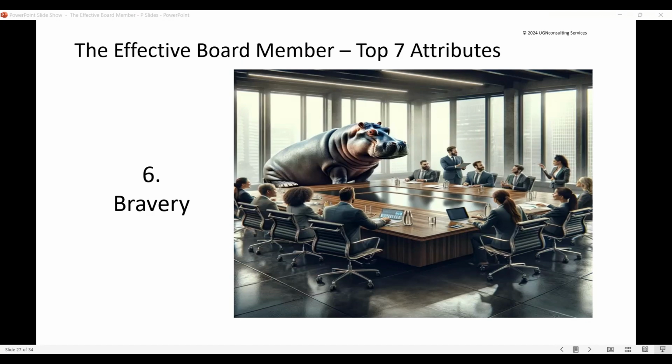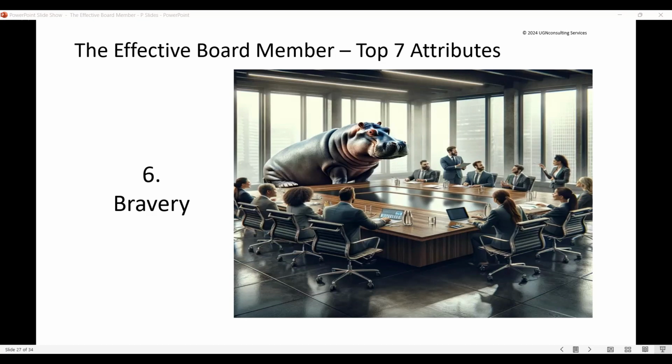You cannot be a passive person and be in the board. That will make for ineffectiveness. Whoever you are representing in the board, whether you're generally representing the shareholders, or the community, or whatever stakeholder, generally the interest of the company and its shareholders is paramount, and it requires bravery.